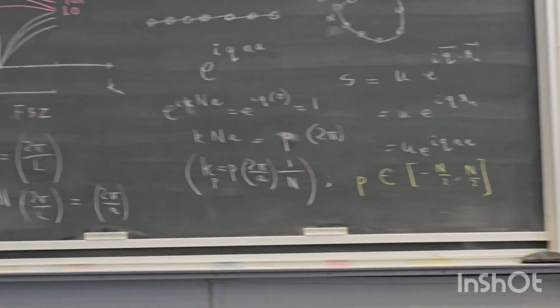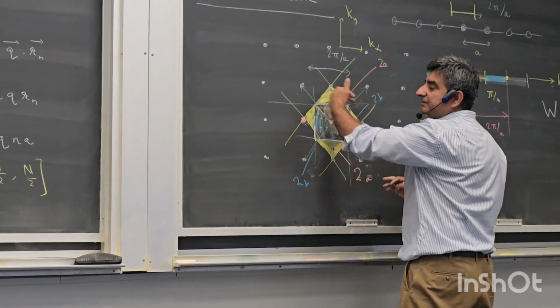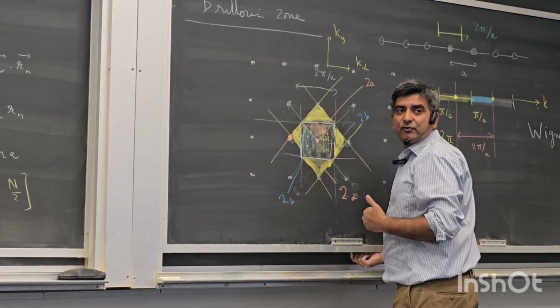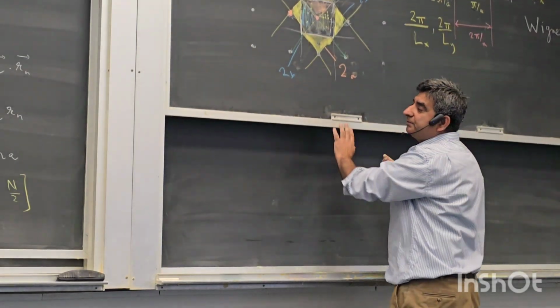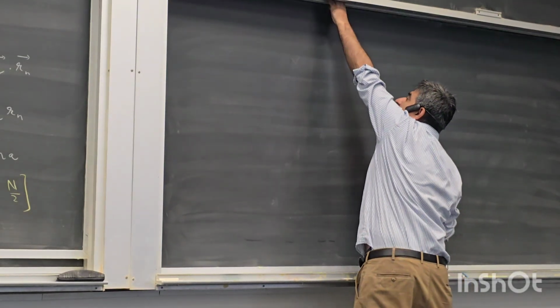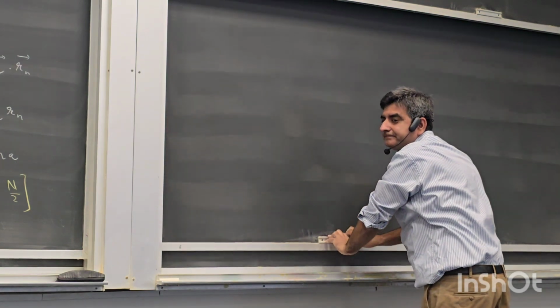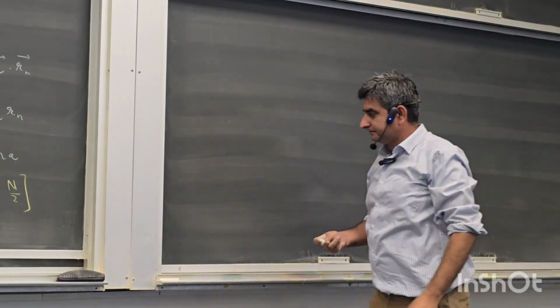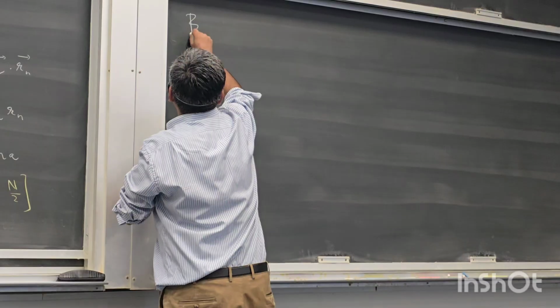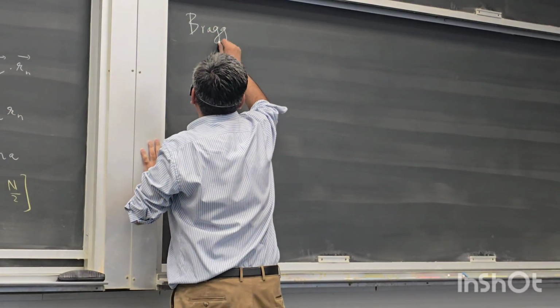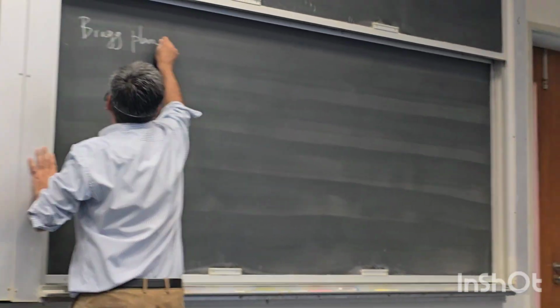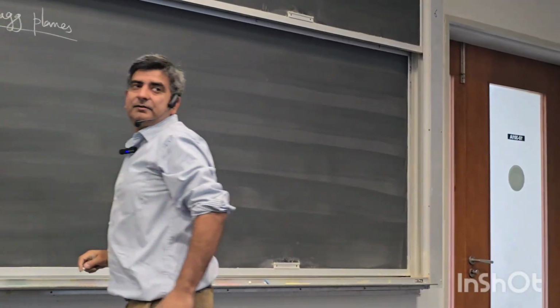And one last thing I would like to talk a little bit about is these planes that are formed at the edges of the zone. These planes are called Bragg planes, and they are related to diffraction, in fact.